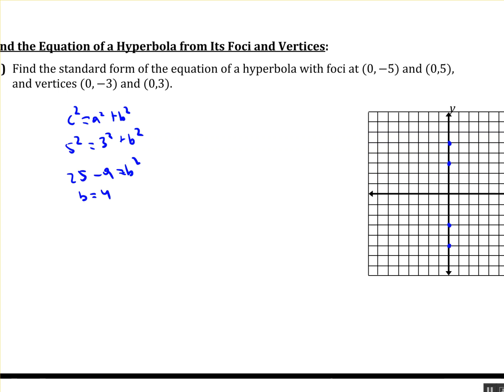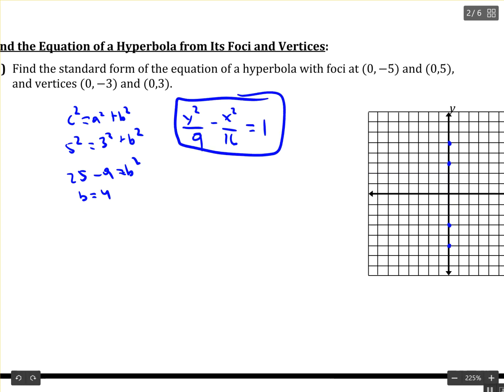It opens vertically, so I know the y term must be the positive. And again, we went up and down 3. My mistake. So that's y squared over 9. And we went left and right 4, so 16. So that right there is our equation.